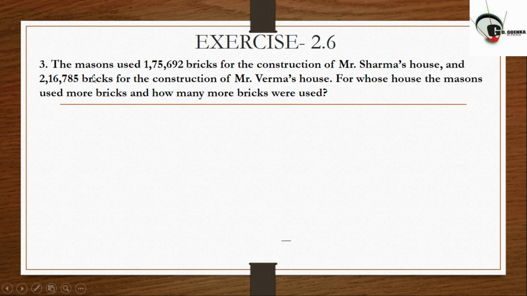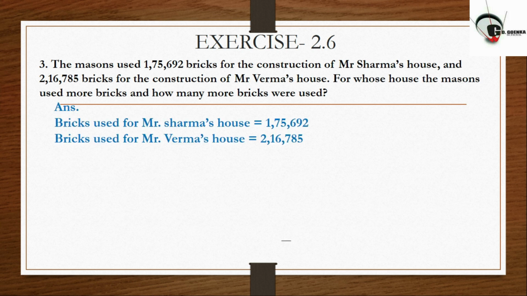So similarly over here we need to check that first of all they have asked two questions. First, for whose house masons used more bricks, and how many more bricks were used. So of course first of all let us write down the information given here. Bricks used for Mr. Sharma's house are these many, bricks used for Mr. Verma's house are these many.